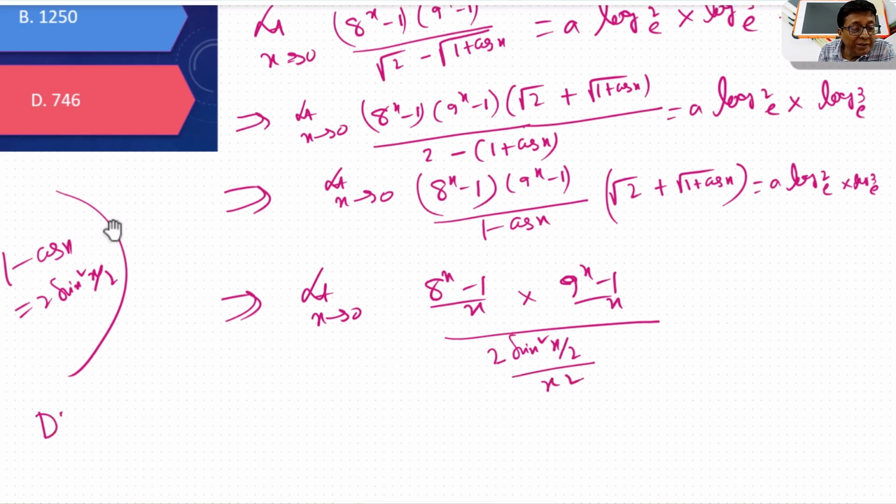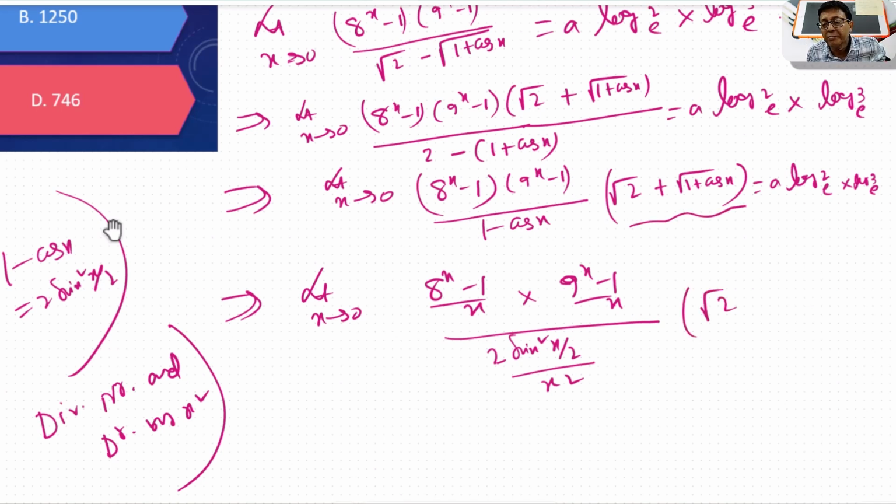We have divided numerator and denominator by x square. So if you put the limits here, it doesn't matter. Root 2 plus 1 plus 1 is again root 2. A log 2 base e, log 3 base e.